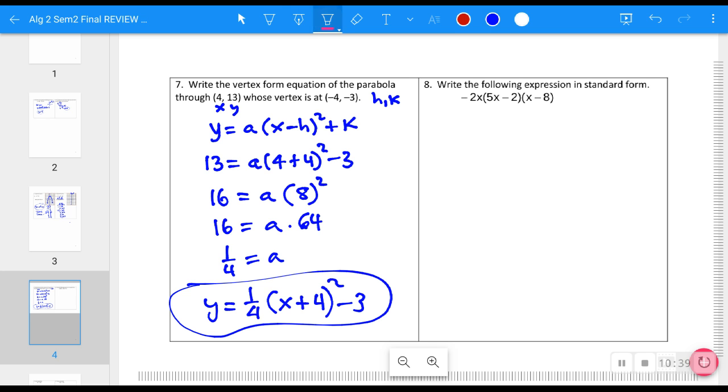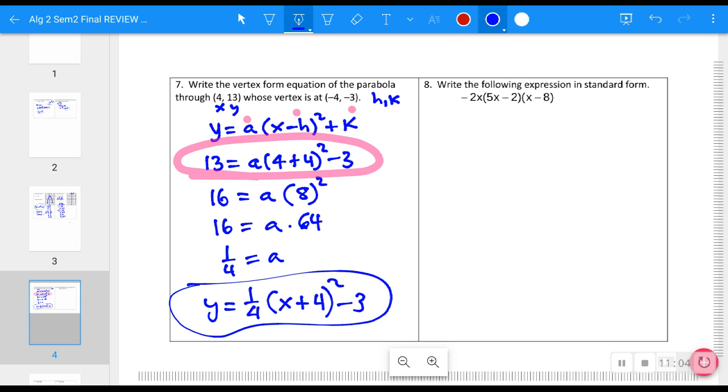And that's made a little bit easier if you look at this line right here, and you leave out the 13 and the 4, but you include the a value that you found. So just plug it into the original formula. You have to plug in the a, the h, and the k, or the a, the opposite of h, and the k.